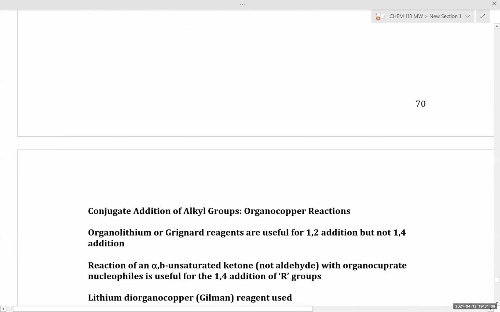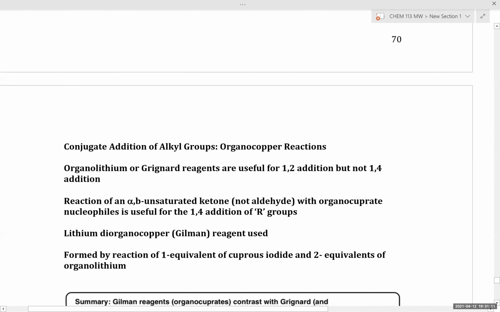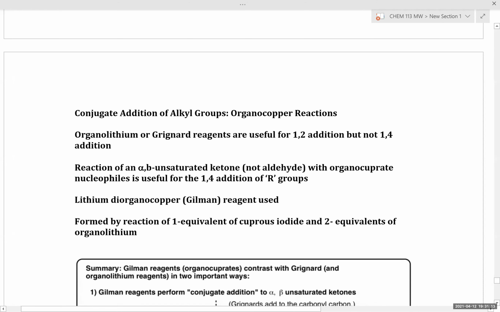Okay, let's keep going now and let's talk about another class of soft nucleophile, which are organocopper reagents. So organolithium or Grignard reagents are quite useful for 1,2 addition, but not so much for 1,4 addition.